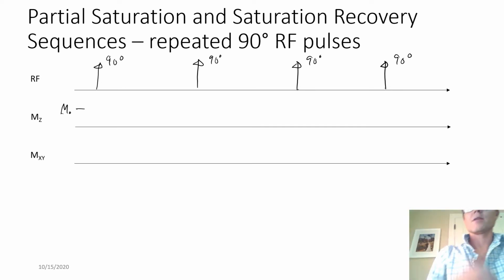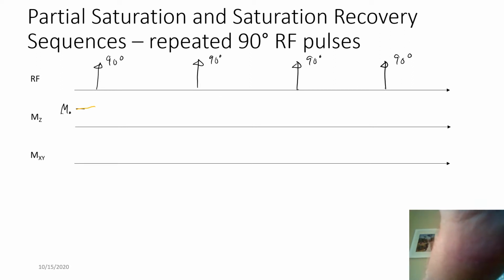And as we've done before, we can follow the magnetization starting at equilibrium. In this case, the Z magnetization will get saturated at this point. It will all be converted into transverse magnetization.